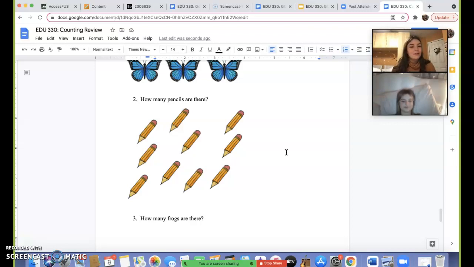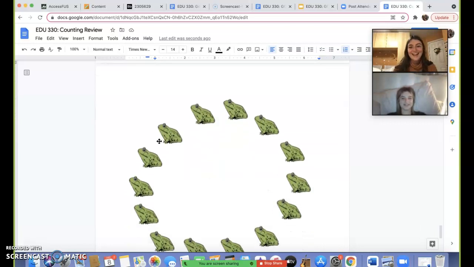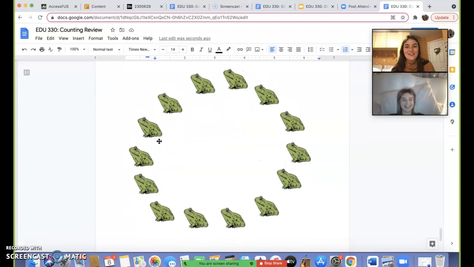We have to remember when we're counting objects that are kind of spread out all over the place to keep track. And you can do this on paper by marking them or crossing them off or circling as you count. All right, you ready for the last one? I know frogs are your favorite. So how many frogs are there, Melina? 14.